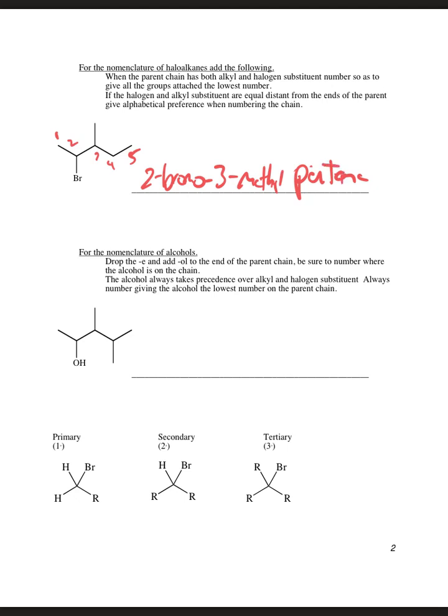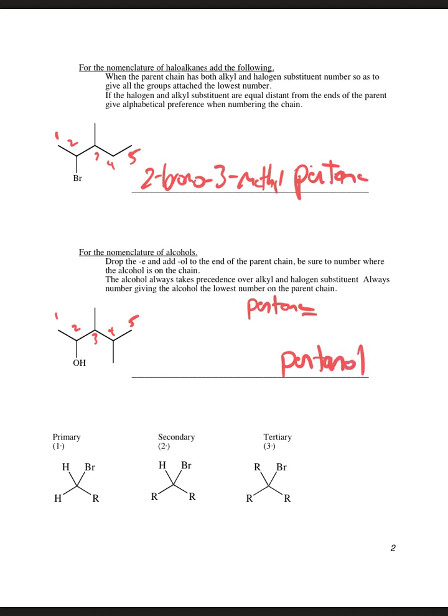Okay. On the next one, we have 2, 3, 4, 5. We could number it either way, with one being on the left or one being on the right. When we look at this, we know it is a 5-carbon base, so it's a substituted pentane, and when we have an alcohol, we drop the E and add OL, so it is a substituted pentanol.